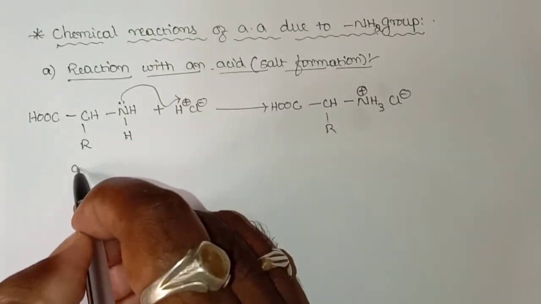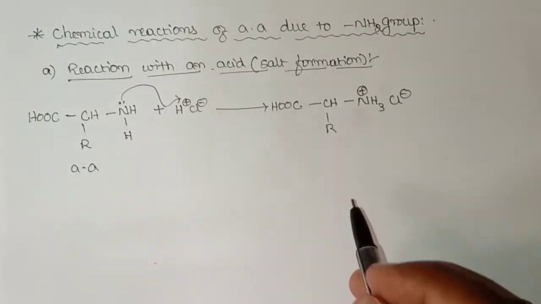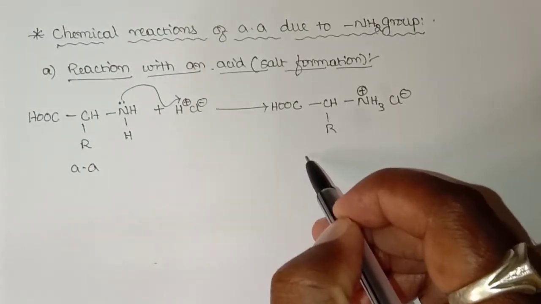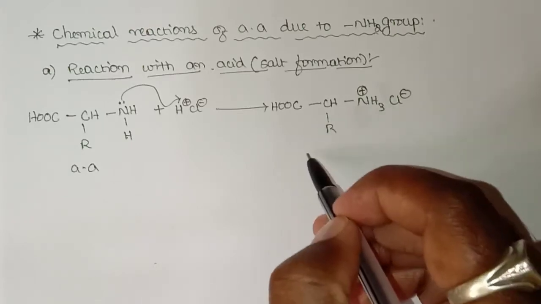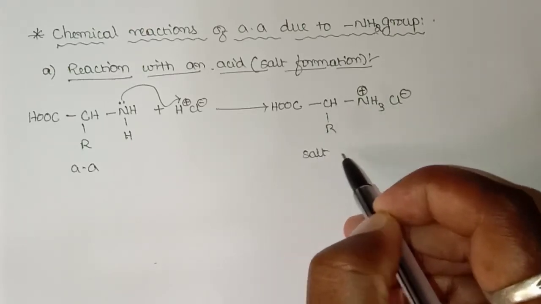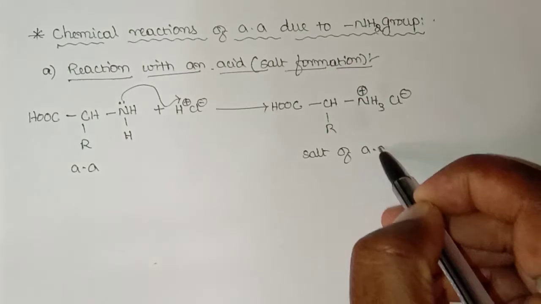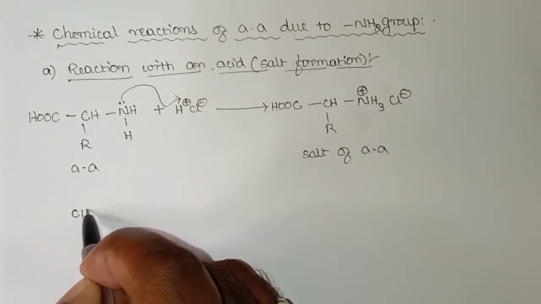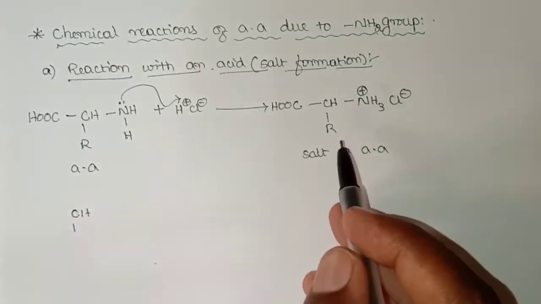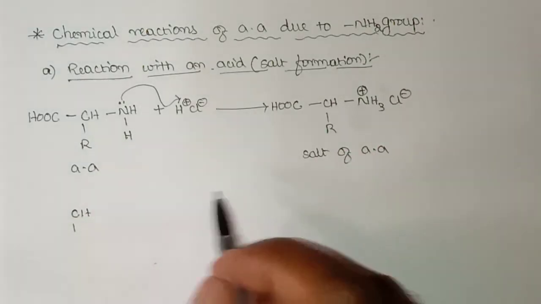So when amino acid reacts with HCl, it results in the formation of the salt of amino acid, right? It is the salt of amino acid. So we can take one simple example to illustrate the reaction of amino acid with hydrochloric acid.